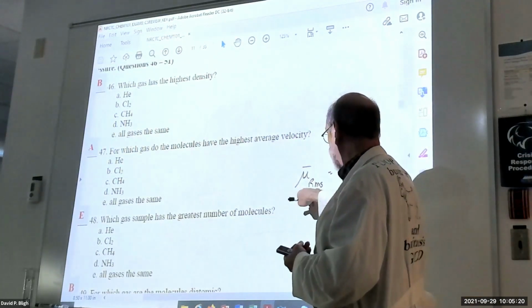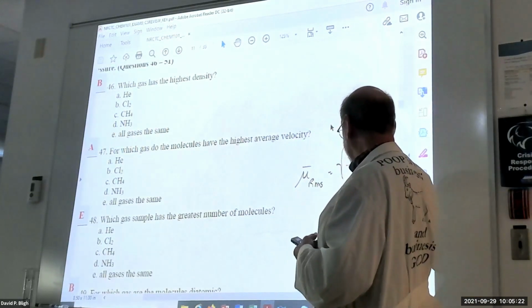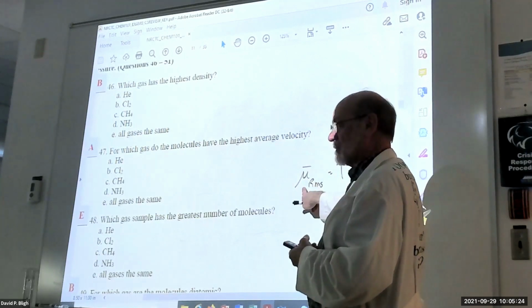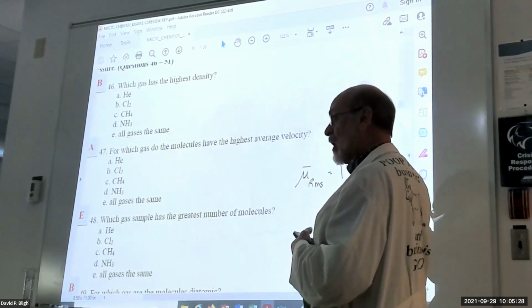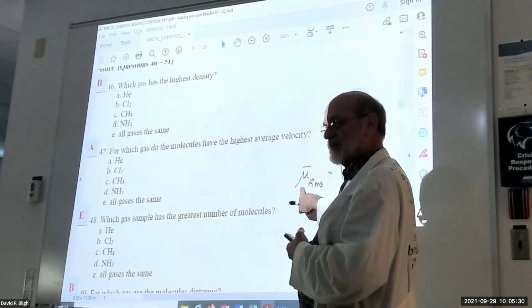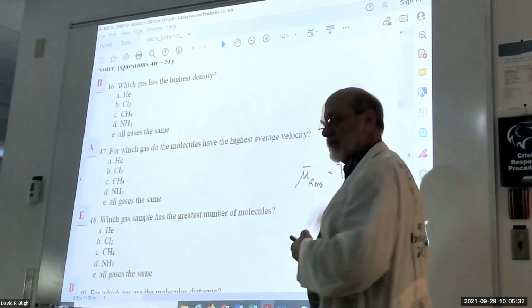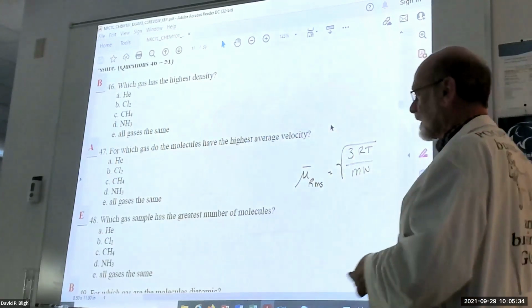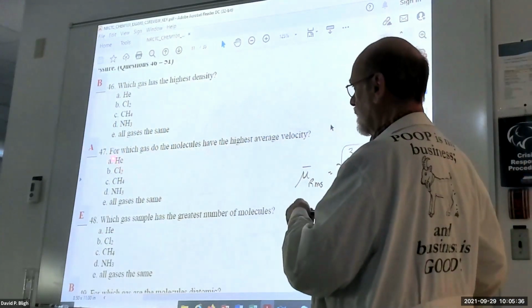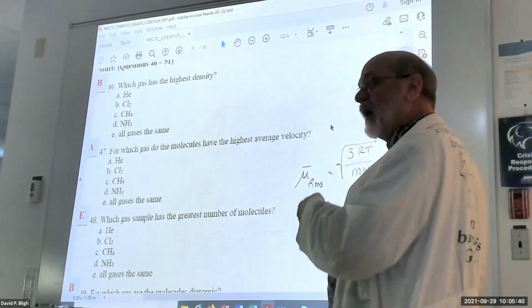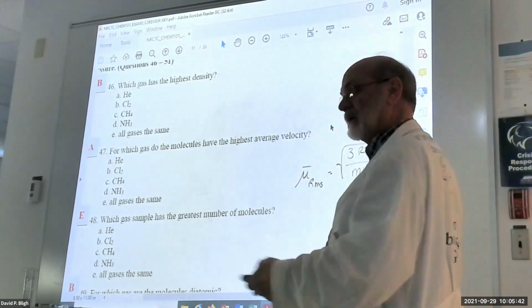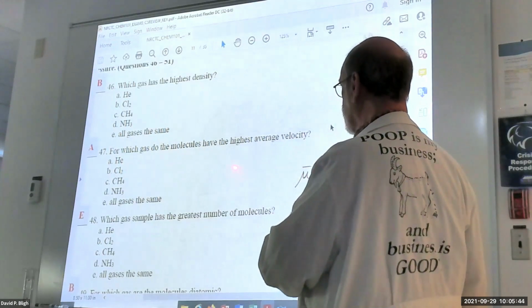If the molar mass gets bigger, the velocity gets smaller because it's in the denominator. But if it gets really small, then the velocity increases for the same temperature. So helium has to be it. It's the smallest particle of this bunch, so it has the highest velocity.